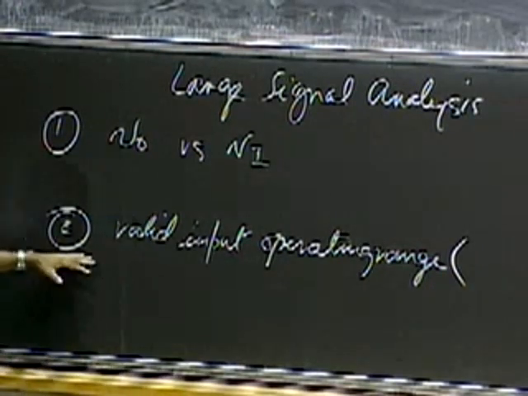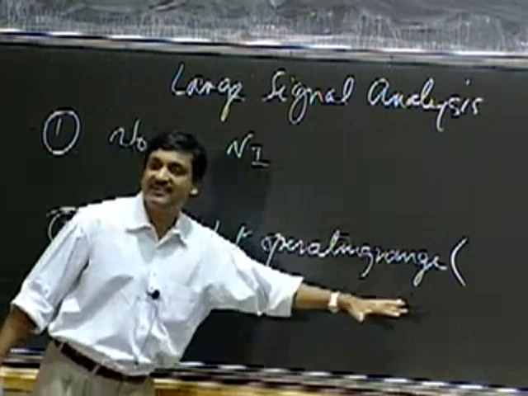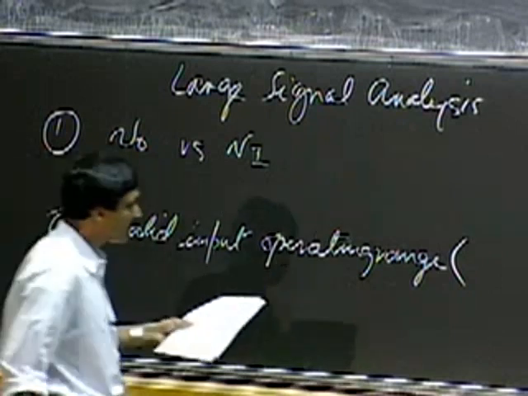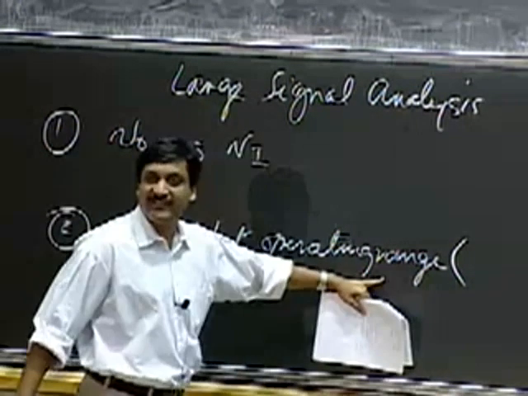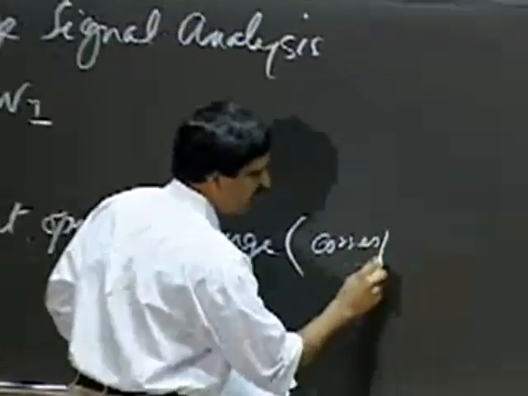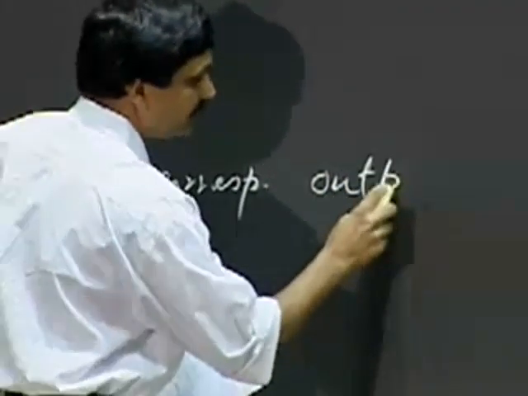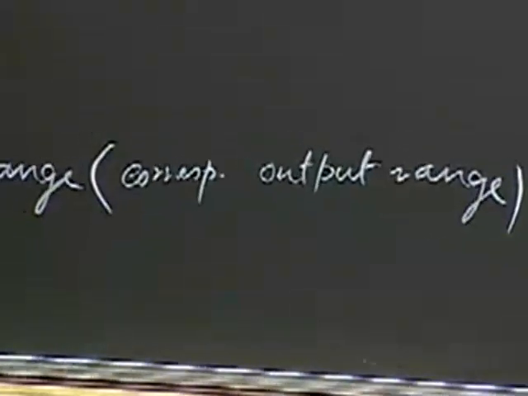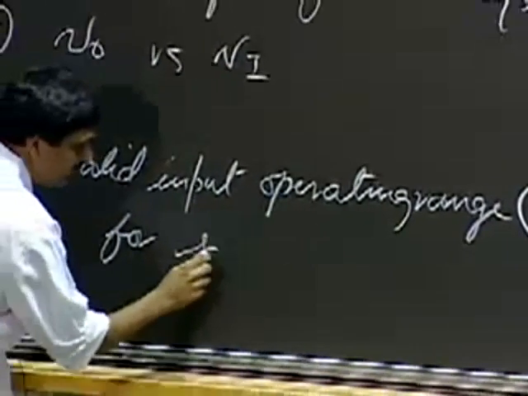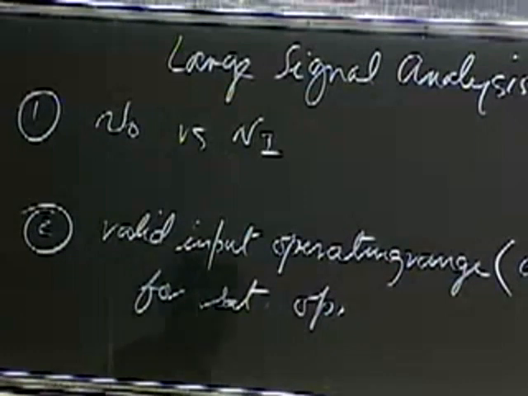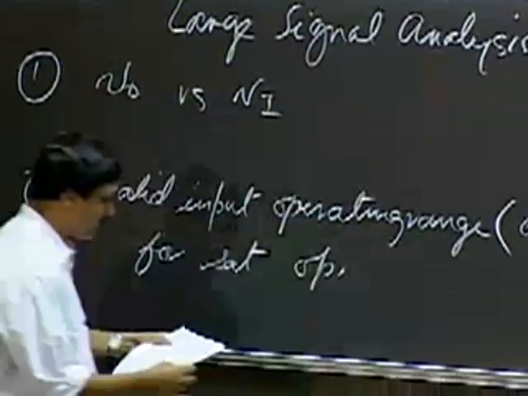Now the question is, what is a valid set of input voltages that would operate the circuit in saturation? So find out the valid input range, and this would give me a corresponding output range for saturation operation of the MOSFET. That's what we will dwell on in the lecture today.